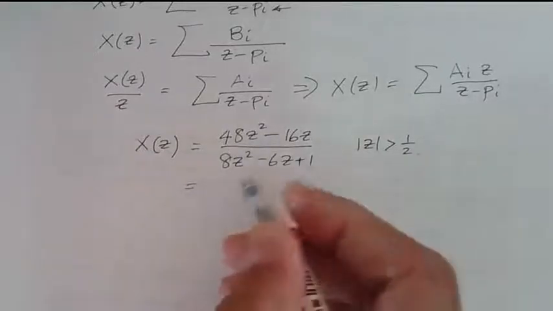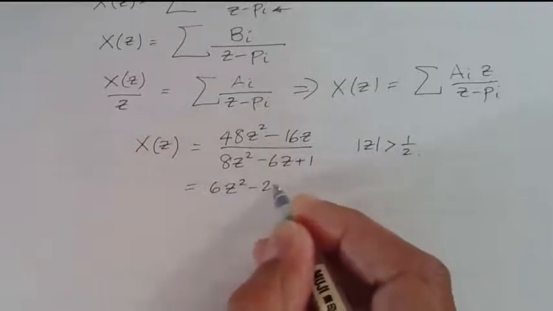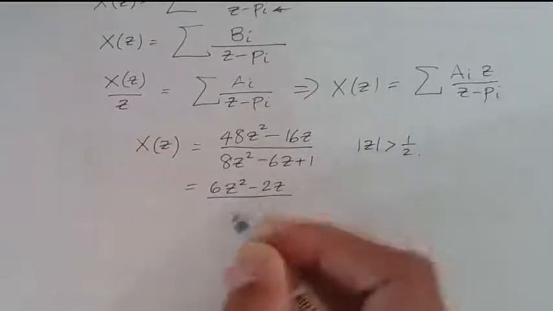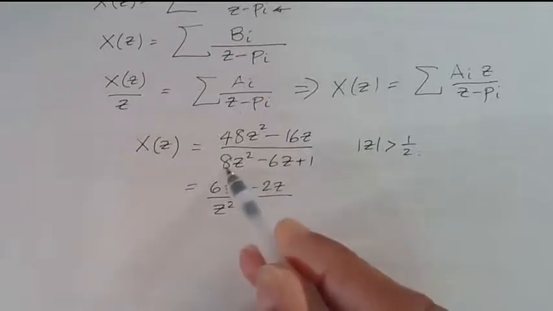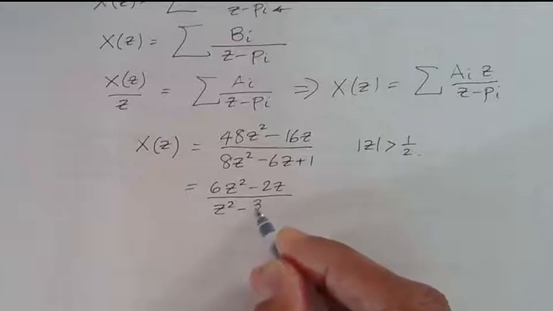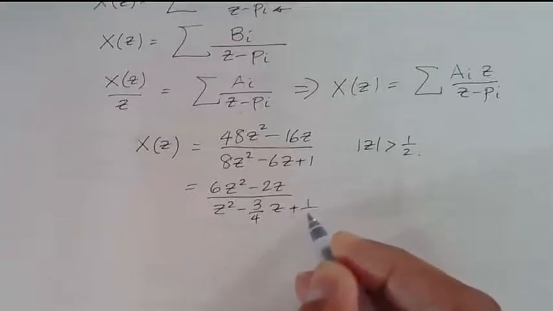So this becomes 6z squared minus 2z over z squared minus 6 over 8, which is 3 over 4, z plus 1 over 8, right?